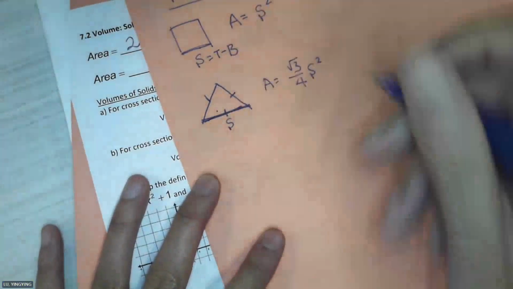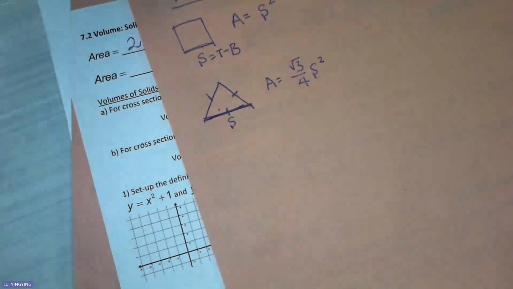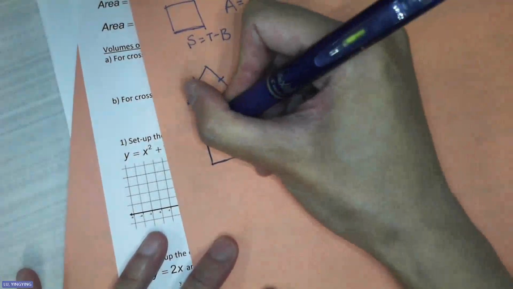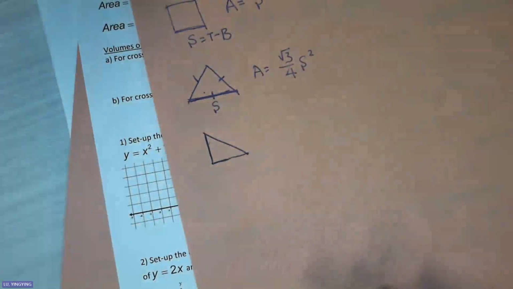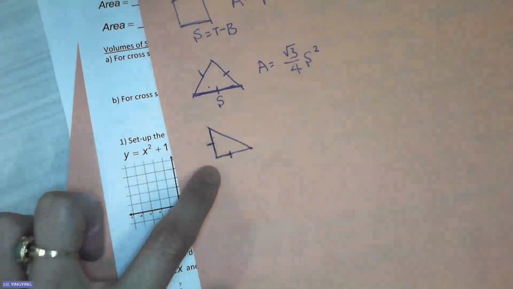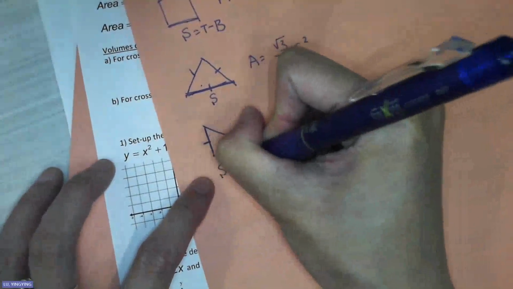Again, s is still top minus bottom, not changing, right? Because s goes across from F to G all the way. Okay, the next one is isosceles. Now, isosceles can land different ways, though. So I can put a whole bunch of isosceles triangles where the leg is the base, the S is the leg.